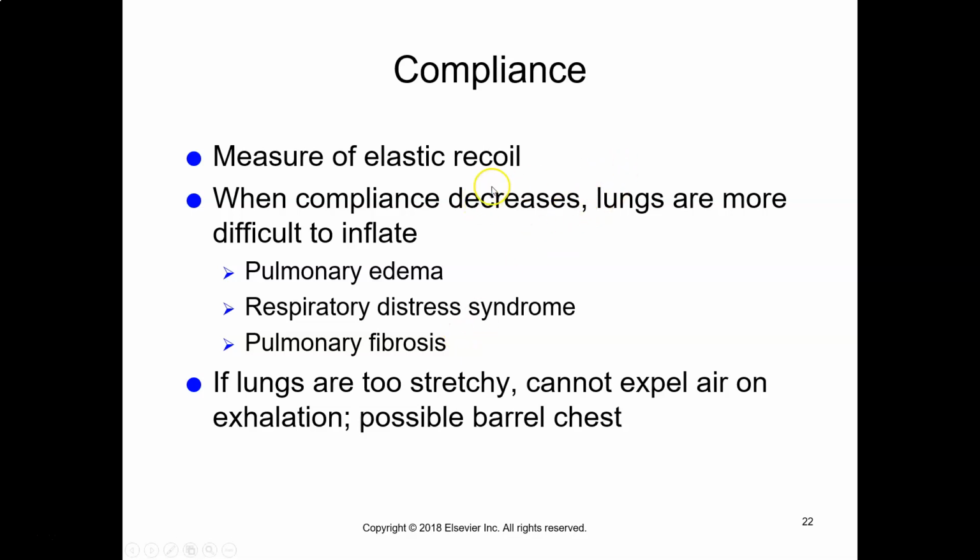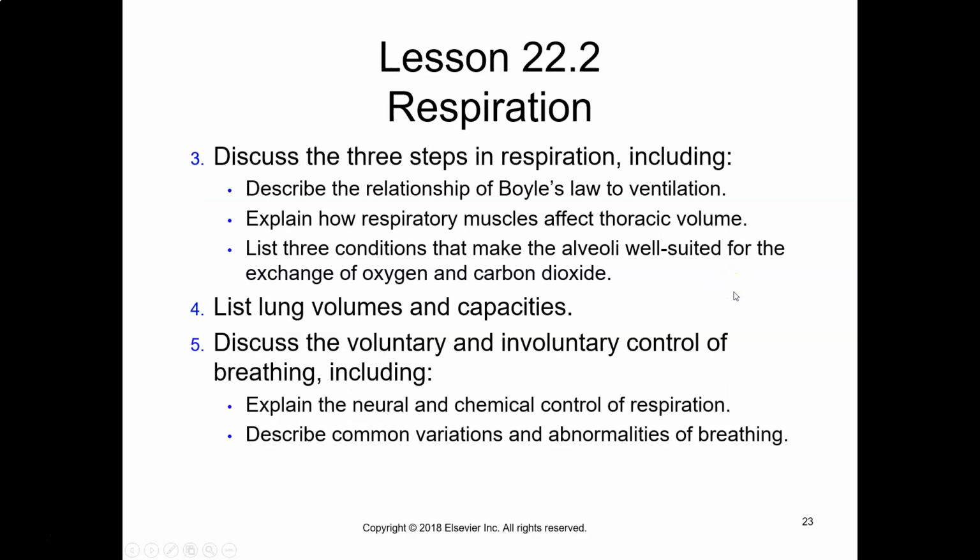So all of these cause recoil to be less. And if lungs are too stretchy and they cannot expel the air, and you see that a lot in emphysema, and they can't exhale, then they can get what we call a barrel chest. And you would see patients with a barrel chest.